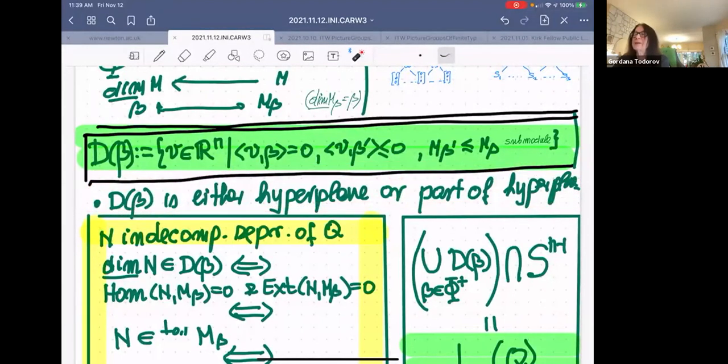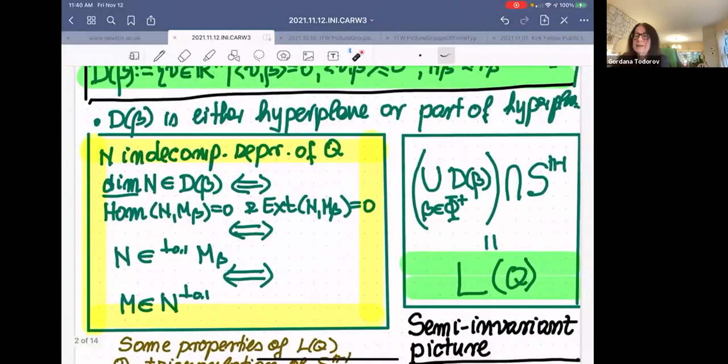So the first part gives a hyperplane, and putting this condition also indicates that we may be looking at part of a hyperplane. So here are the basic things that will be used.